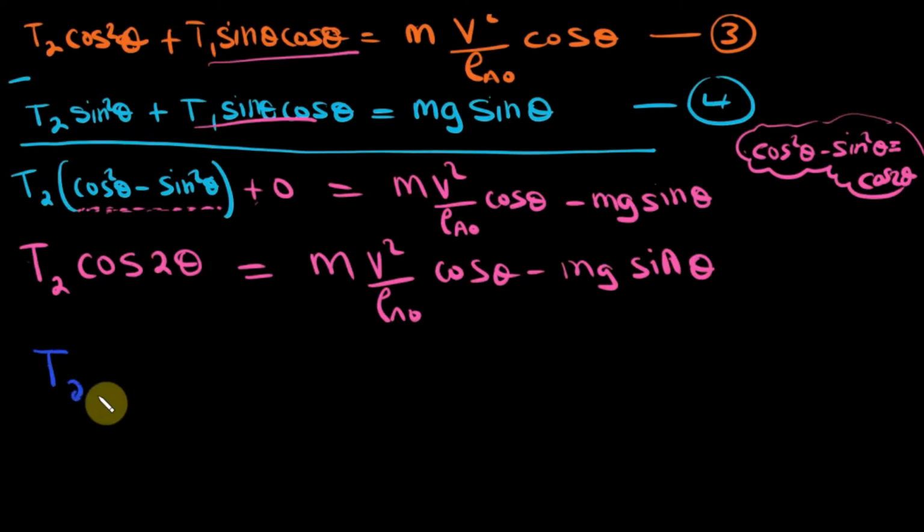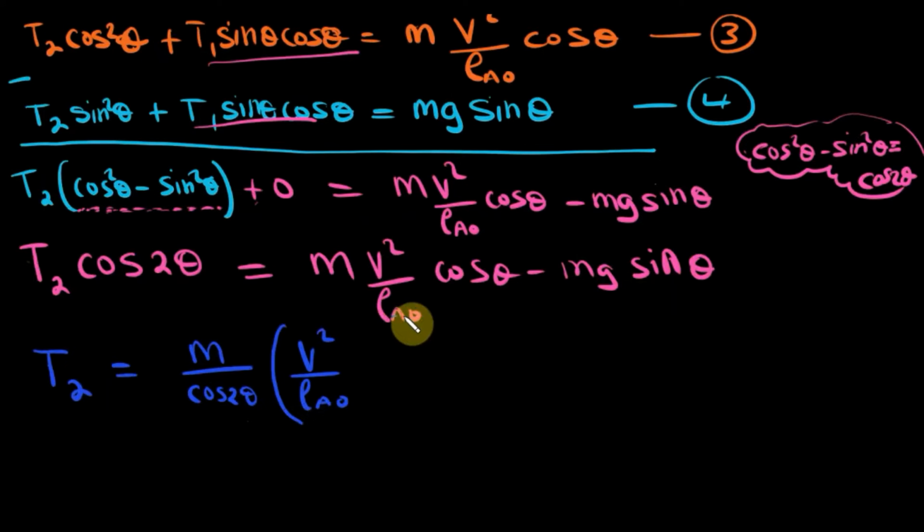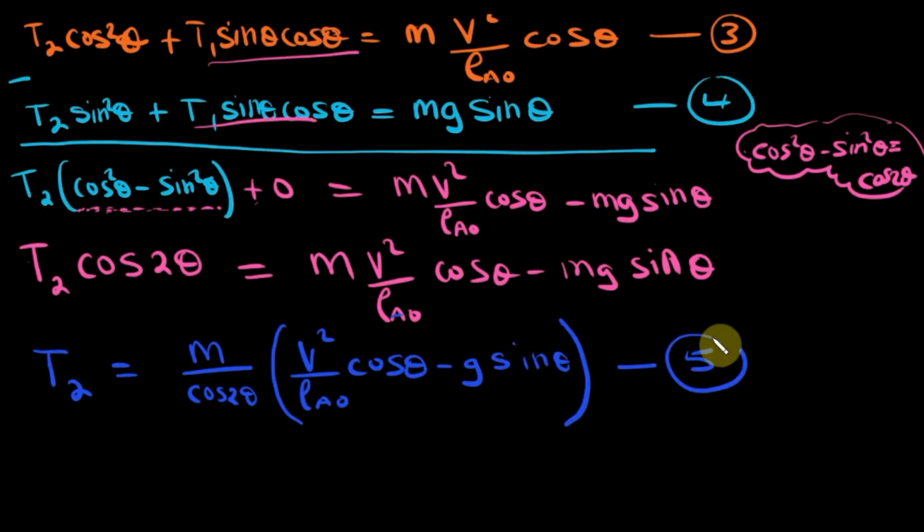It becomes T2 is equal to m over cos 2 theta multiplied by v squared over LAO cos theta minus g sine theta. And we'll call this equation 5. Alright. Cool.